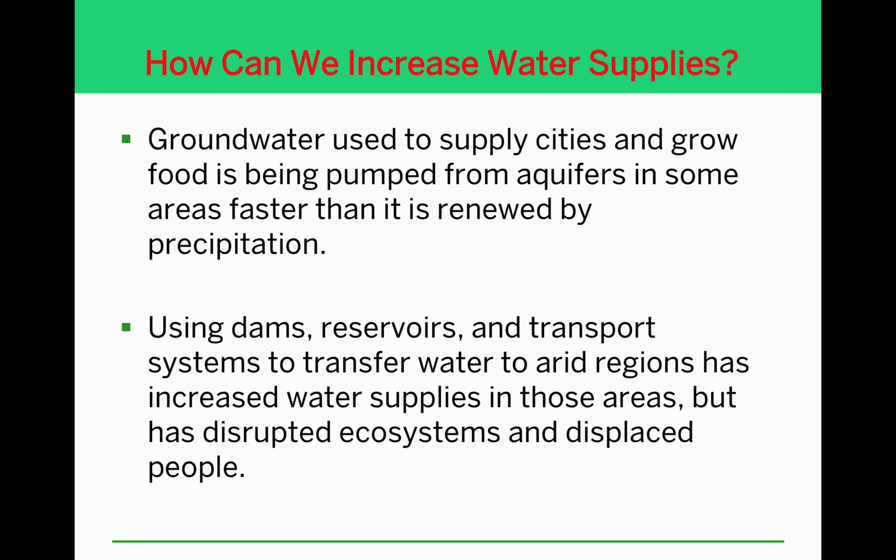The other is using dams and reservoirs. We can build dams and reservoirs, and then transport that water to dry areas as well as towns. These two methods are used in a lot of towns here. Even here in Dudley, the public water supply that comes to us is pumped from groundwater.